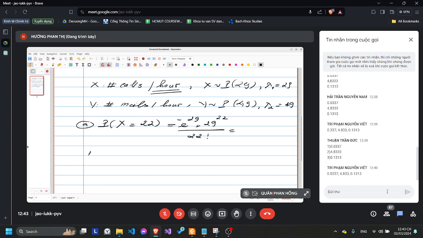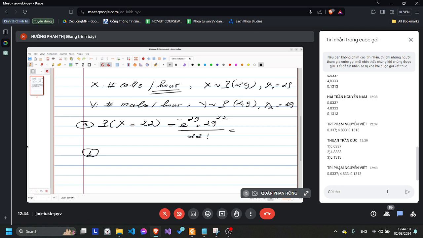Question B. Find the average count of calls this customer service receives in 10 minutes. Here it is still the count. The count means that we're working with the random variables. Now the unit is different.